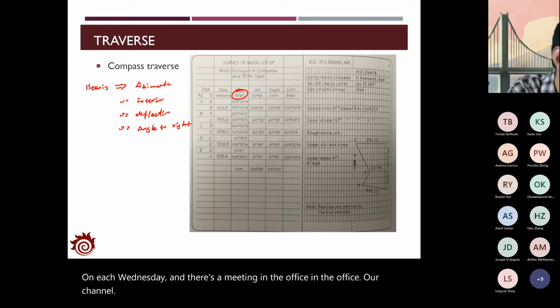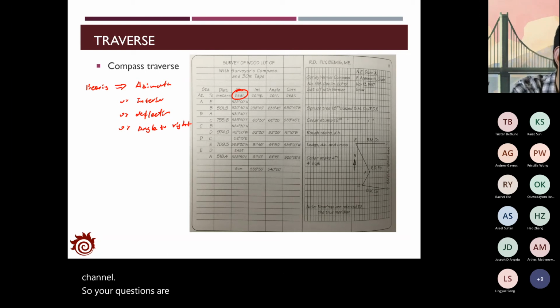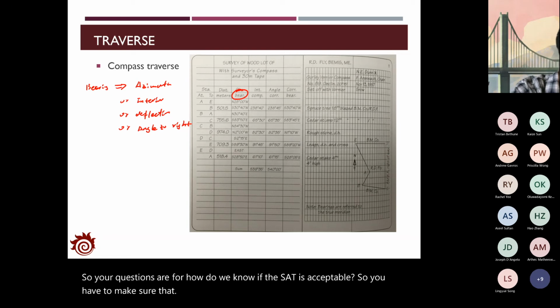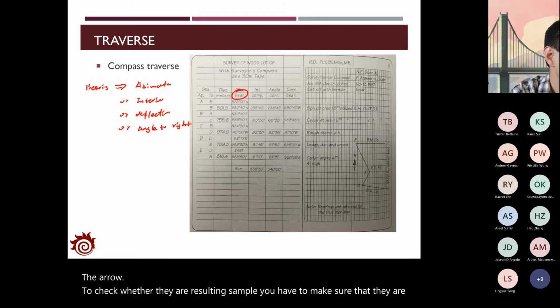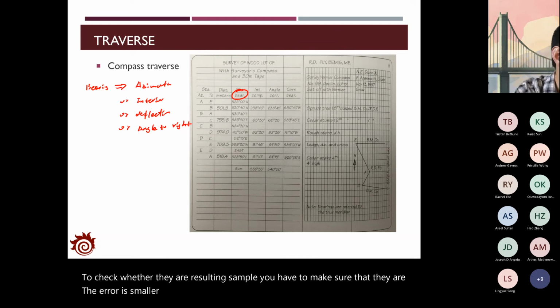So your question is how do we know if the result is acceptable? You have to make sure that the error is smaller than the least count, which is 30 seconds, right?